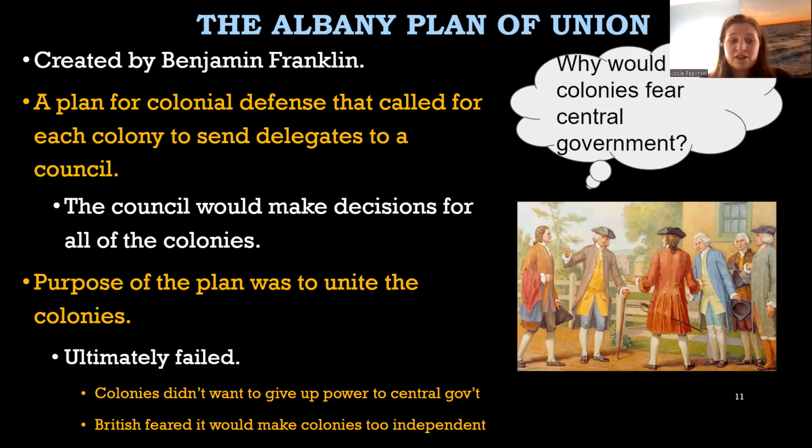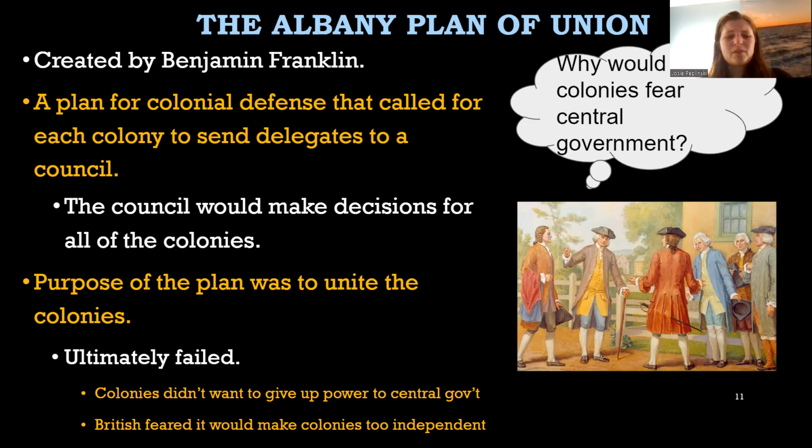But the colonies were really hesitant to give up their local governments in favor of a more central government. They're really enjoying this local government feel during this time. They are embracing salutary neglect. So there's not very much influence from Britain at this time in the colonies, and creating a larger central government could feel too big and far away, kind of like Britain does.